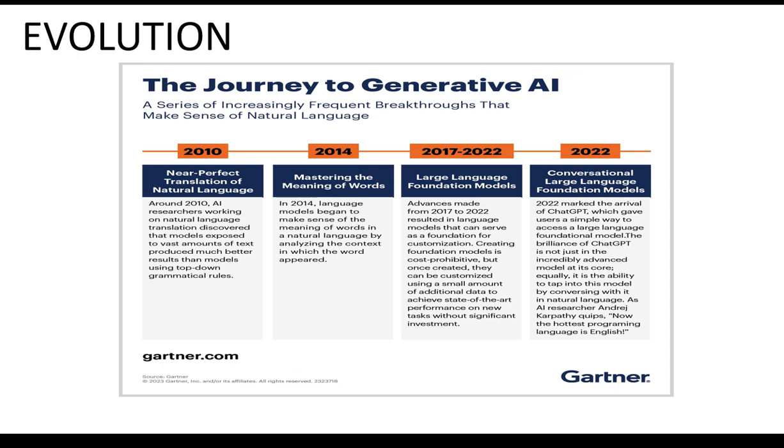Then in the 2017 to 2022 period, we had large language models evolving, right? And then coming to 2022, we have conversational large language models, foundational models like ChatGPT, which took the world by storm, right? So thank you to Gartner for this slide.